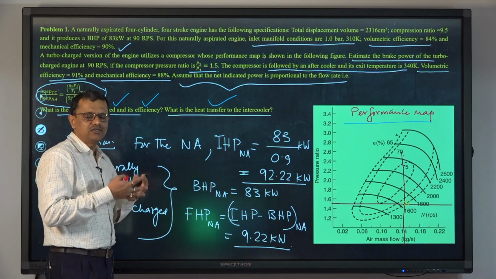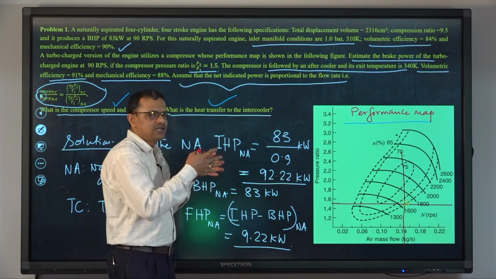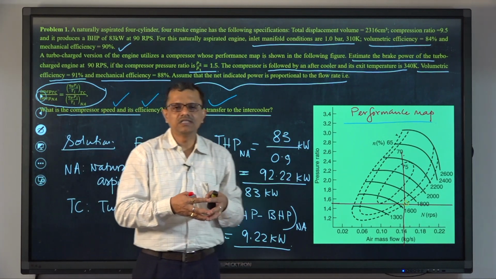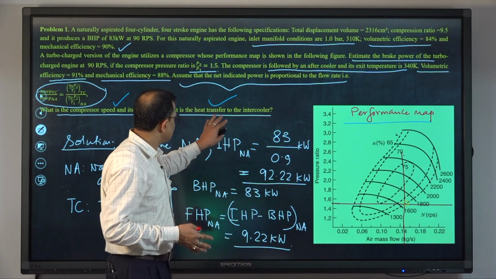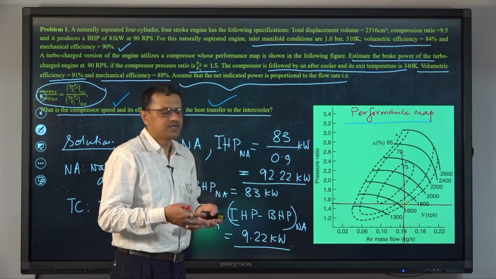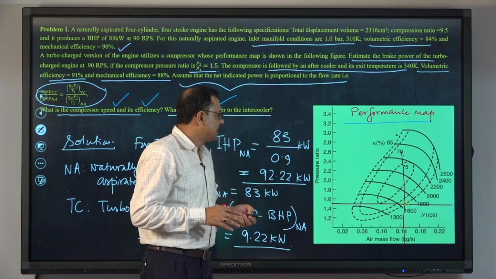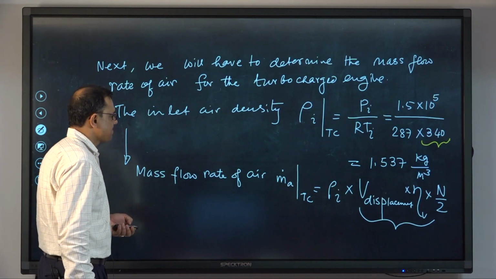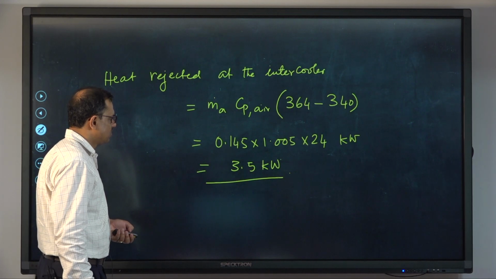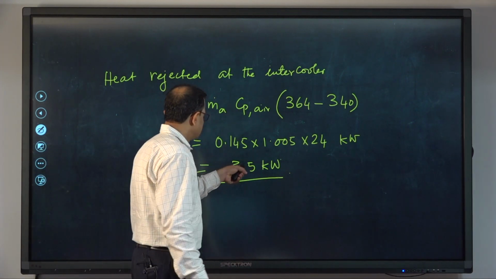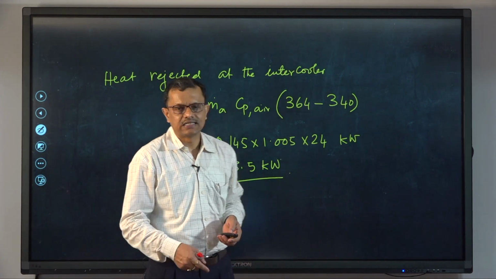Finally, using isentropic efficiency and the conditions of air before and after the compressor, we could calculate the amount of heat to be transferred to the intercooler, and the final answer we have obtained is 3.5 kilowatt heat to be rejected.